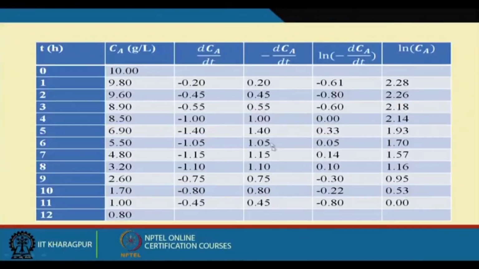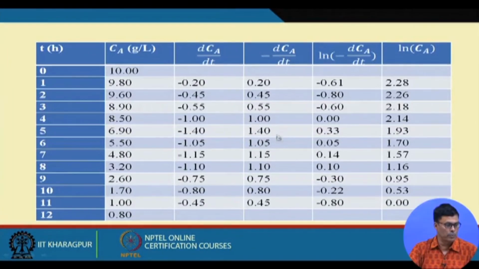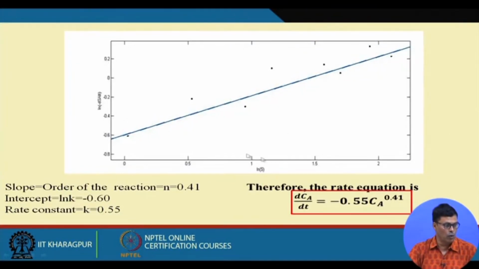This is how this table has been prepared. We have these values, then we take the log value, and then the log Ca value is given there. Then we have log graph paper, we plot this, and we find out the K value is 0.55 and the n value is 0.41, and so your equation is coming like this.